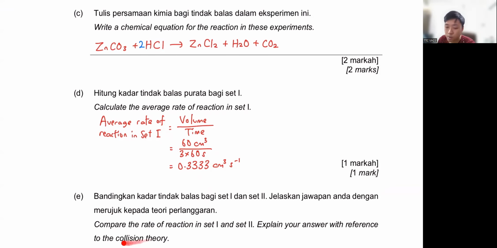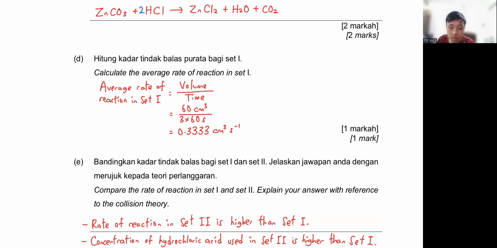Collision theory explanation. So these two, what's the difference? What determines the difference? Concentration. So which one has the higher reaction? Set 2 is higher than set 1. So the rate of reaction in set 2 is higher than set 1. Why is it higher?